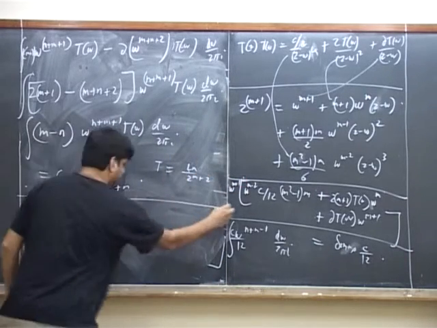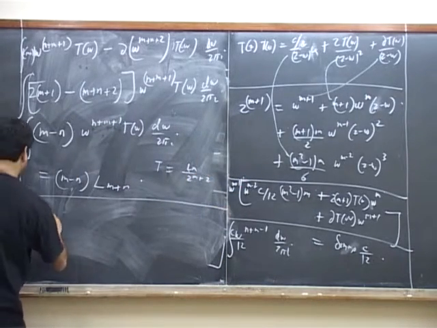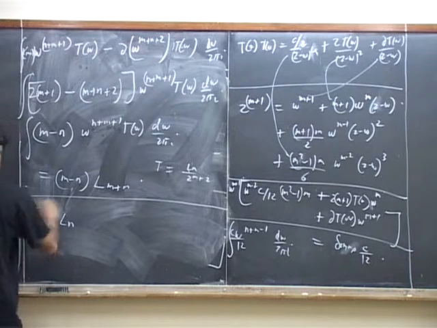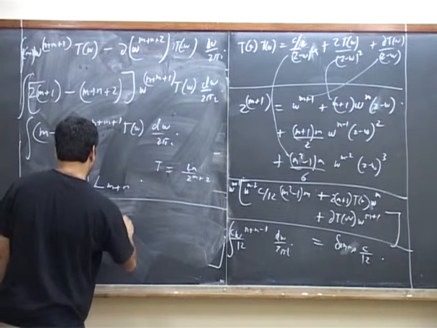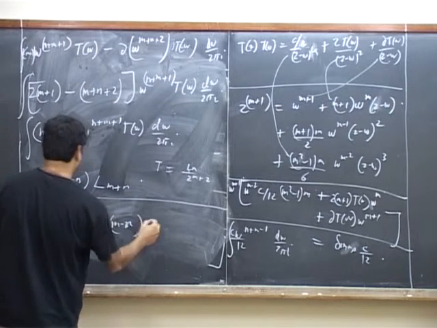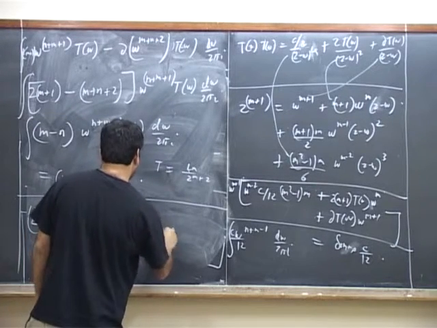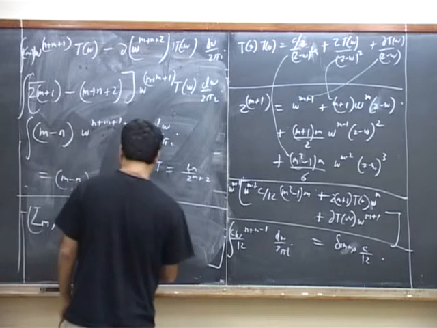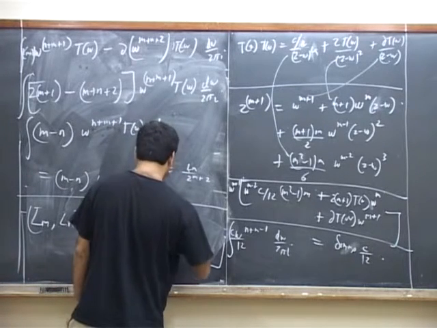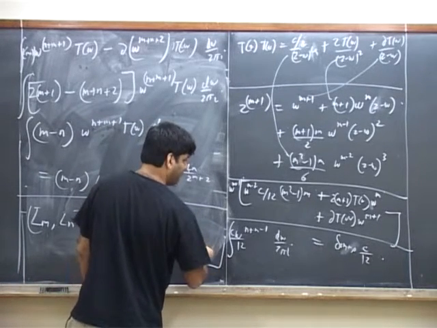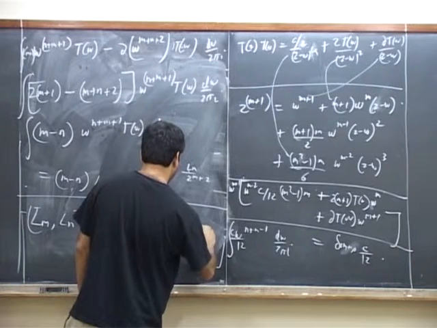So let's sum up. What have we concluded? We've concluded that the commutator of Lm with Ln is equal to m minus n Lm plus n, plus delta of m plus n from 0.